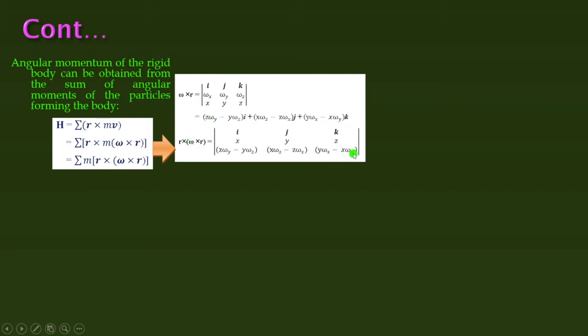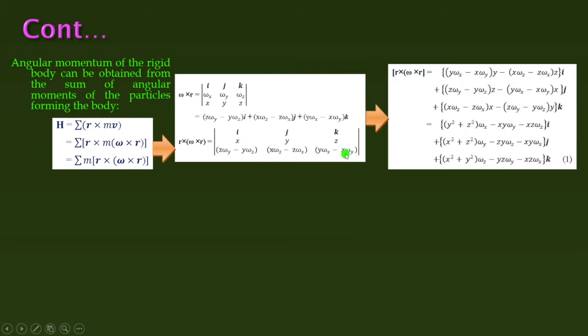Substitute here, then it is the determinant of i j k, x y z and this. Going through this determinant, we get this into i, this into j, and this into k. Now just simplify here.